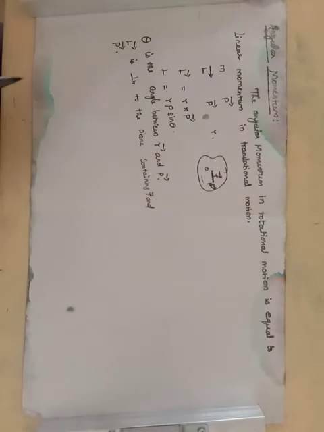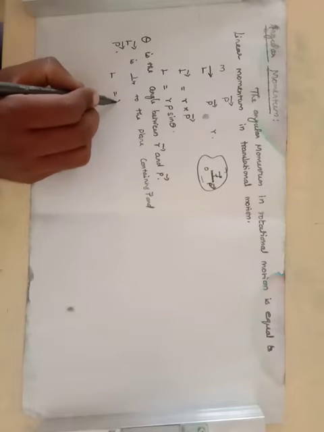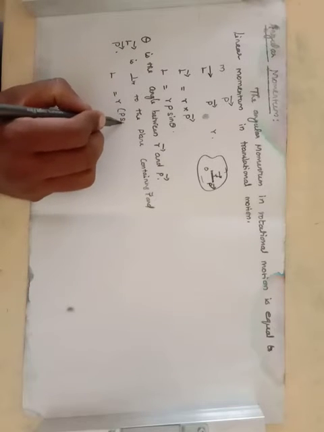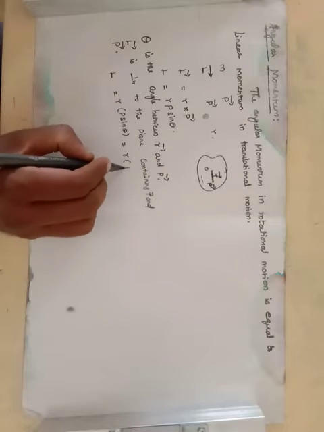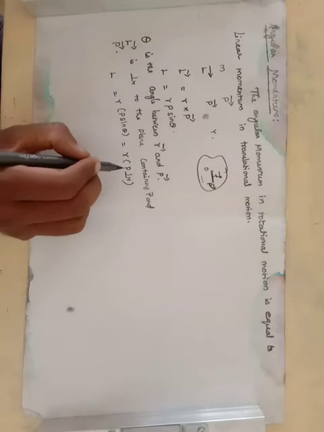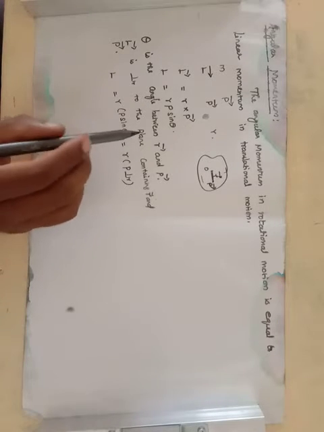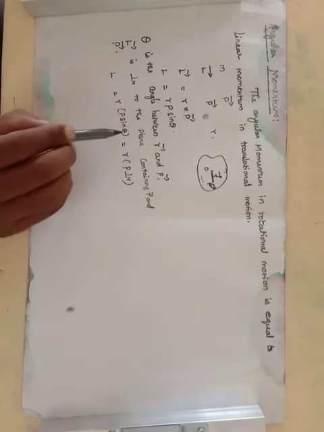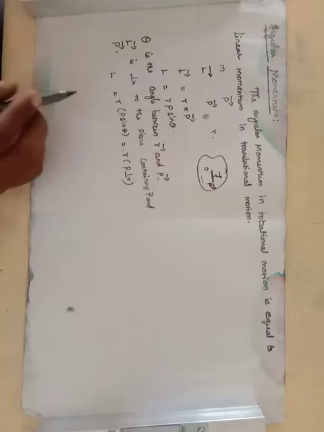Okay students, this expression can be written as L is equal to r into p sin theta. So from this, what is the meaning? Here p sin theta is the component of the linear momentum perpendicular to r.